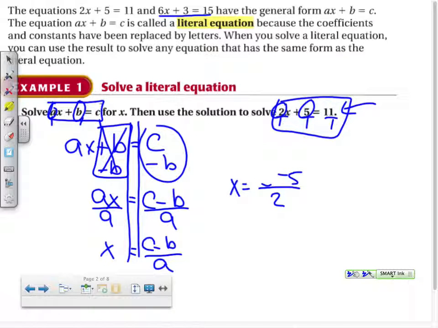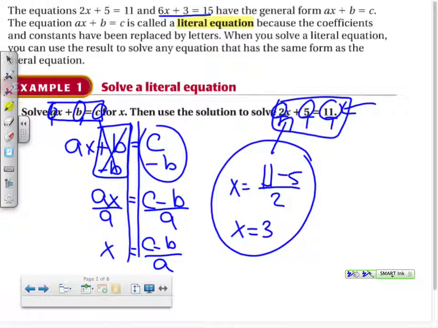And c is 11, so it'll be 11 minus 5 over 2, which is 6 over 2, so x equals 3. You can do a quick plug and chug, substitute and evaluate, to verify that x equals 3. 2 times 3 is 6, plus 5 is 11.